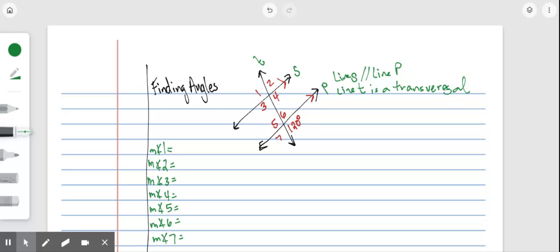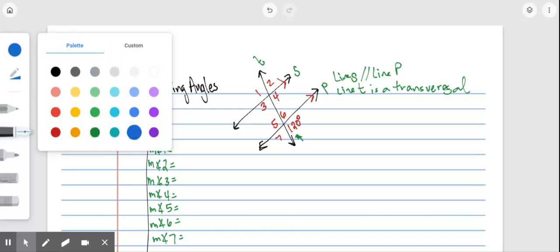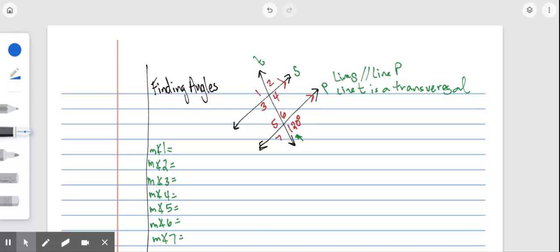Okay, so since these are parallel lines, we can use some of those theorems that we just came up with. I know that angle 8 is 120 degrees. That's the only thing that I know right now. So what I can do is I can use all sorts of angle relationships in here to find all the missing angles. Okay, so let's start with something that we understand right off the bat.